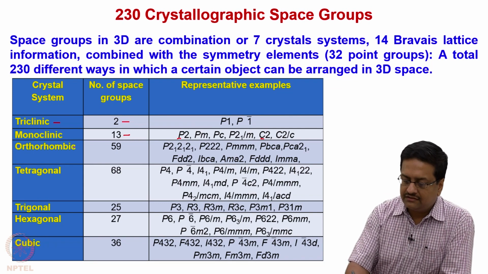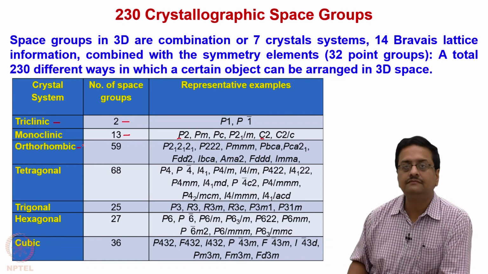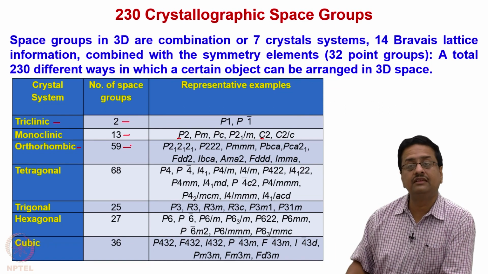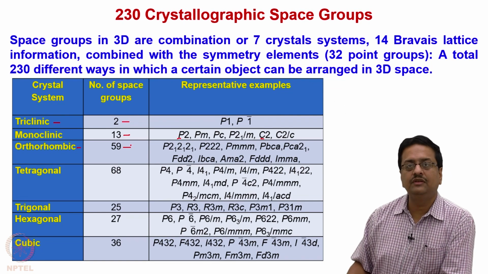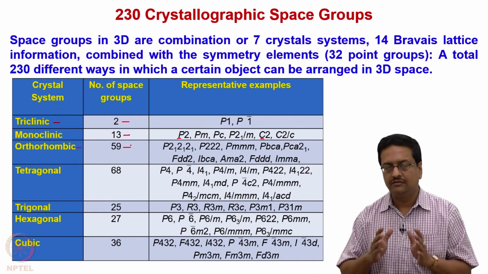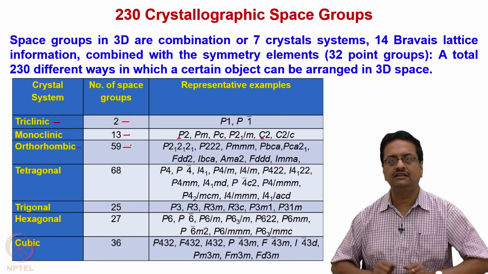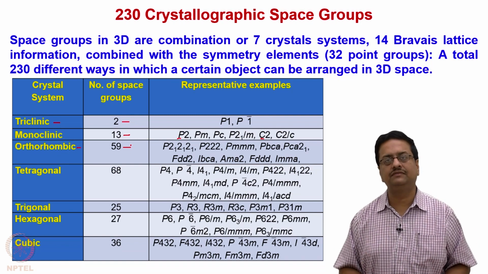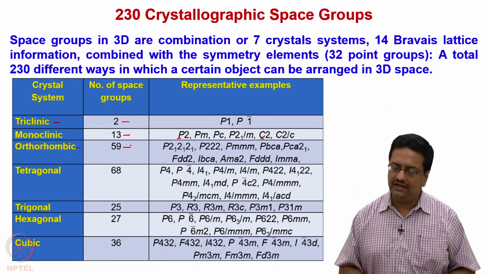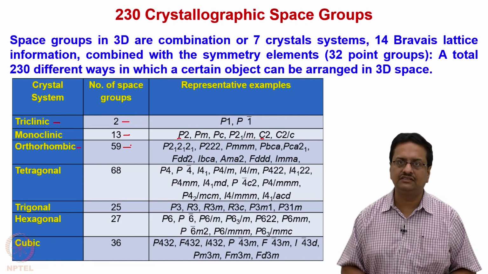The next higher symmetry is orthorhombic. You can see under orthorhombic there are a large number of space group possibilities, simply because in case of orthorhombic you have primitive, body-centered, face-centered, and one of the faces-centered lattices possible. So all 4 types of Bravais lattices are possible for orthorhombic system.